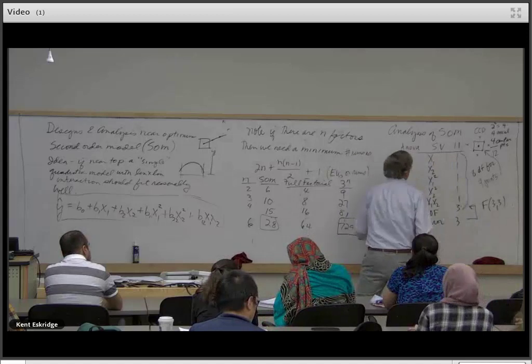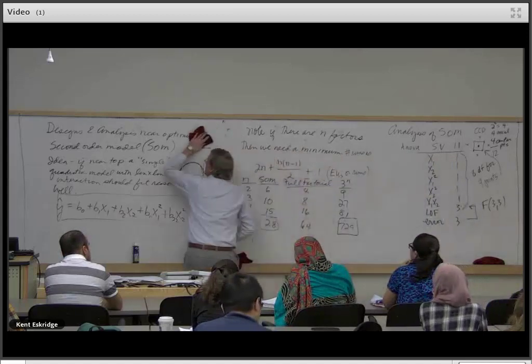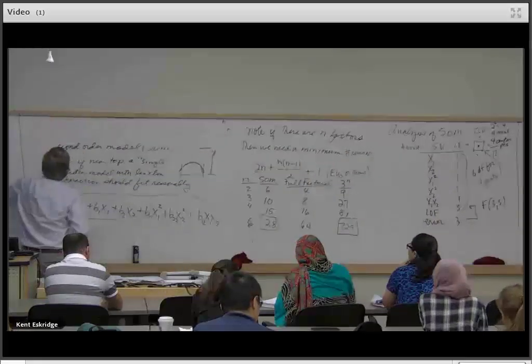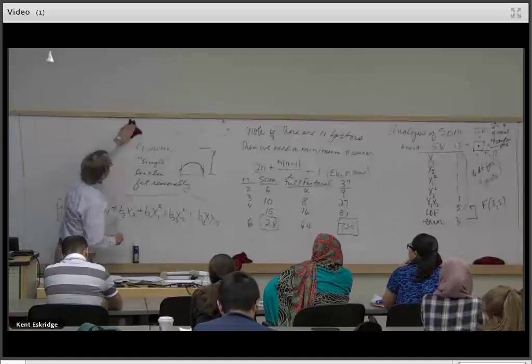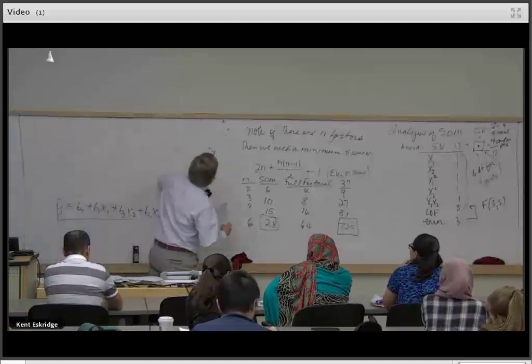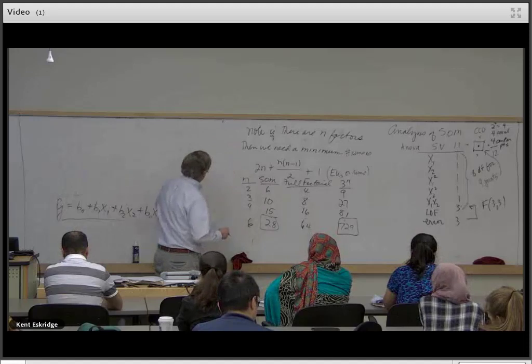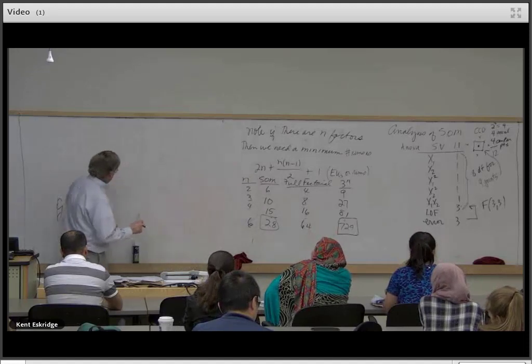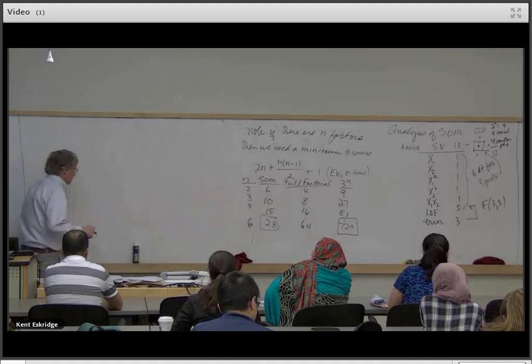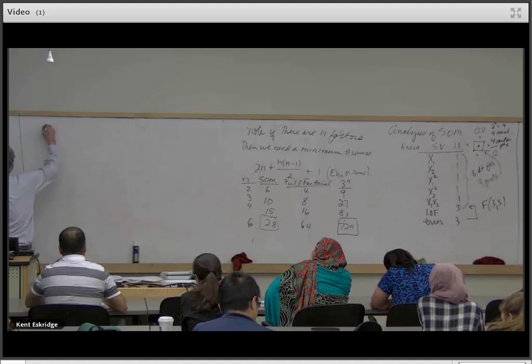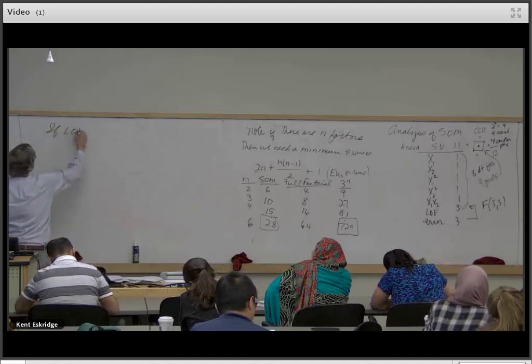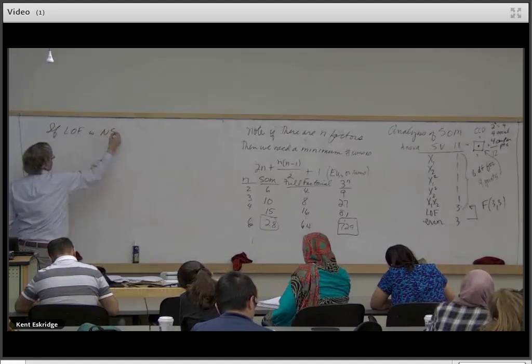So I'd say what you need to do when you analyze these, especially response surface models, the first thing is to test for lack of fit. If lack of fit is not significant, then what should you do?